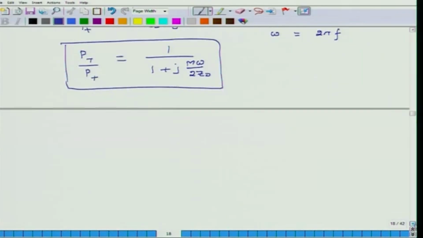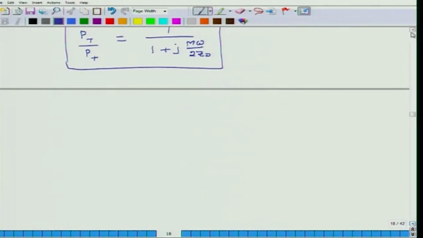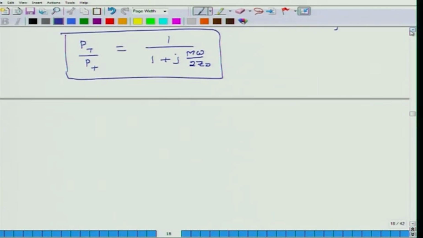So what does this relation tell us? We'll look at 2-3 possibilities. One is, what if M omega over 2 Z naught is extremely small compared to 1?